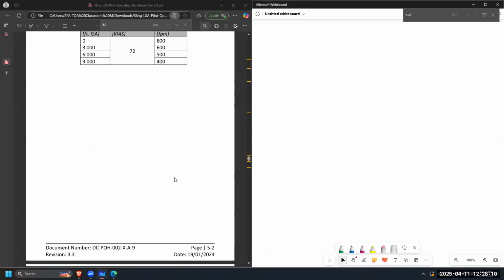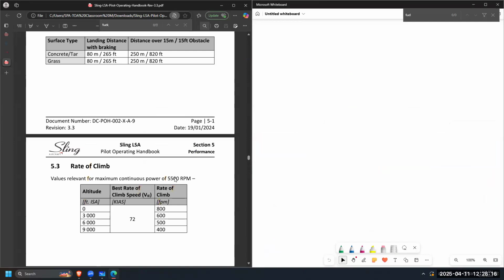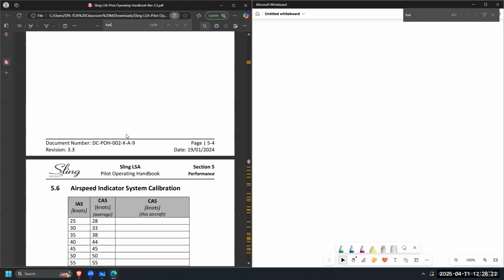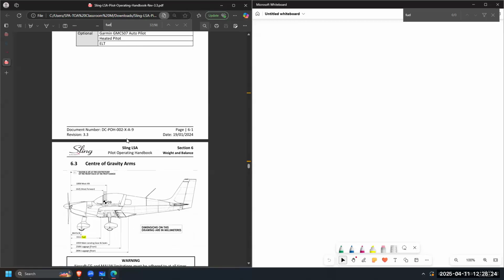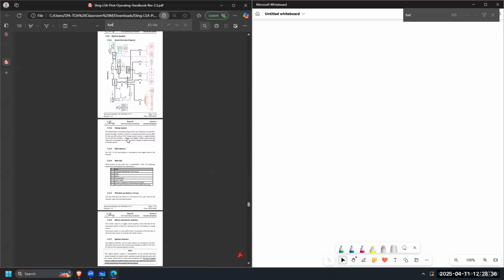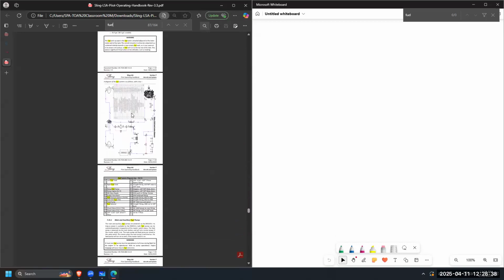Fuel system, fuel consumption, that part, kind of towards the end of this. Oh, look at that. Electric system, fuel system.